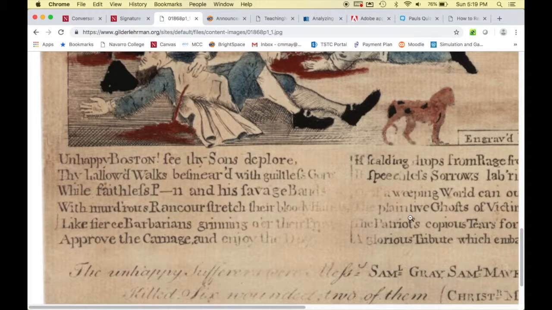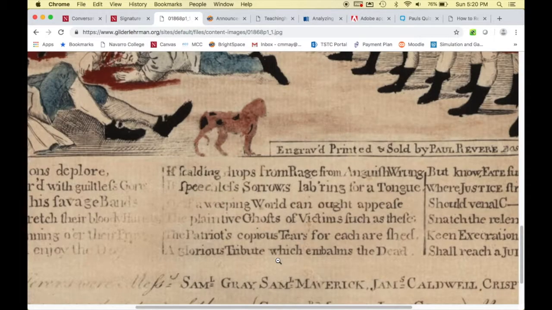You can also see that he's written a description of what happened, at least from one point of view, and he uses phrases like savage bands with murderous rancor, like fierce barbarians grinning over the carnage, and things like that to describe the soldiers.